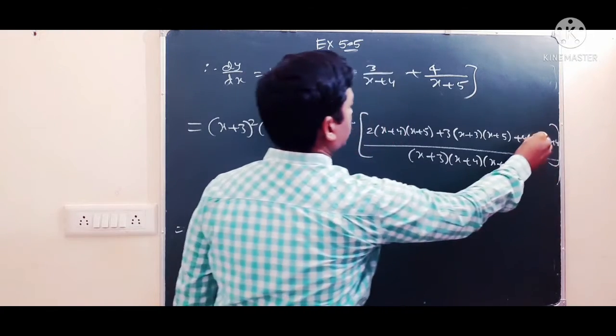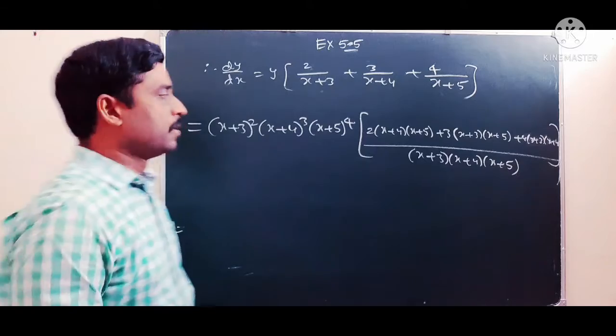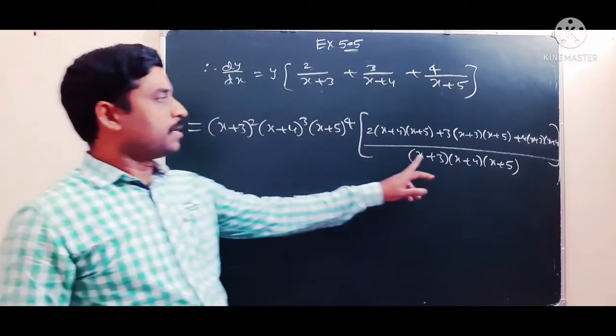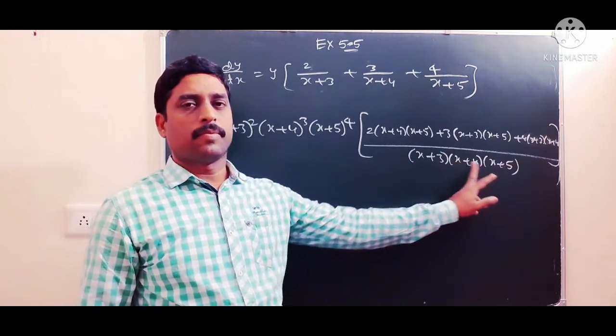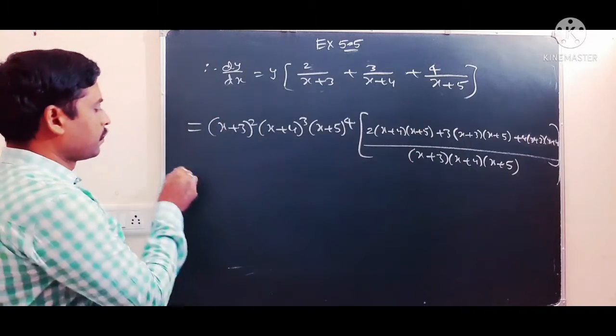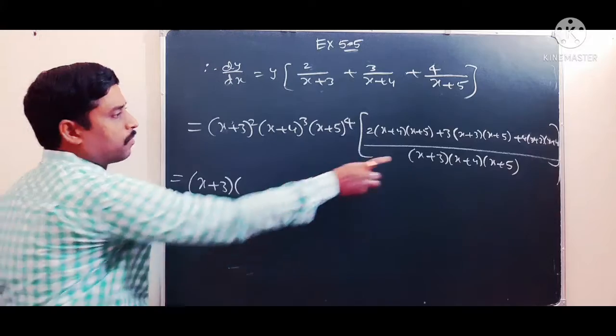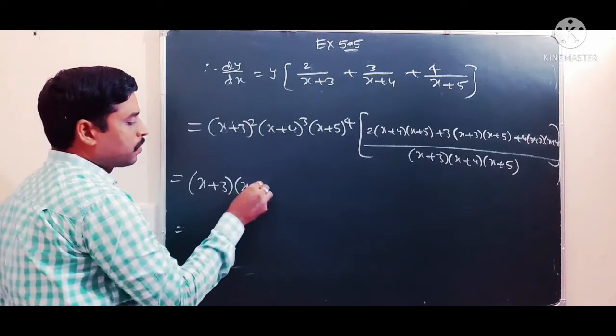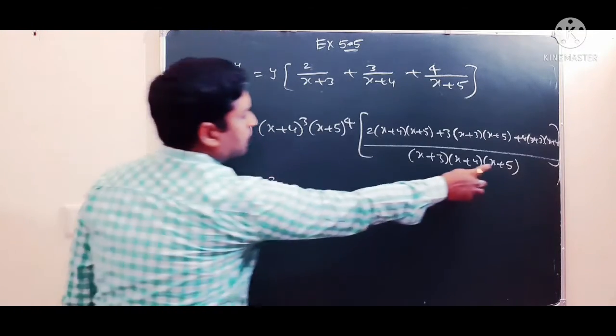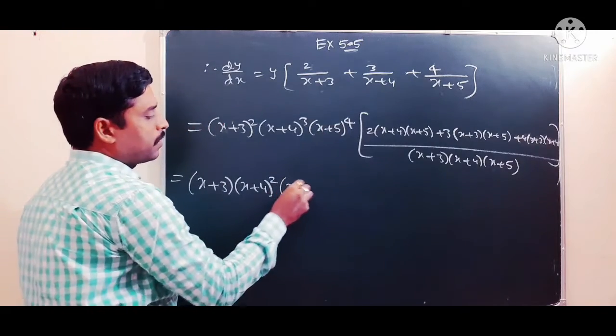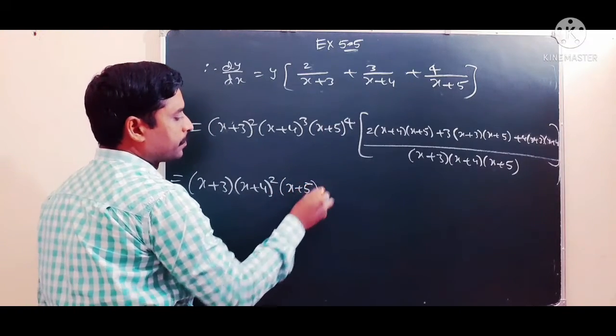Now in this one, (x plus 3), (x plus 4), (x plus 5) get cancelled, leaving 1 (x plus 3) remaining. One (x plus 4) gets cancelled, leaving (x plus 4) whole square. One (x plus 5) gets cancelled, leaving (x plus 5) whole cube.